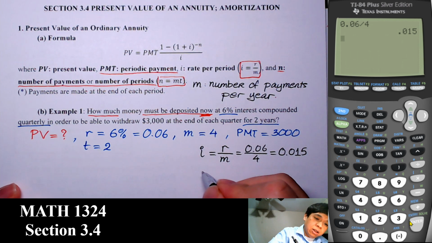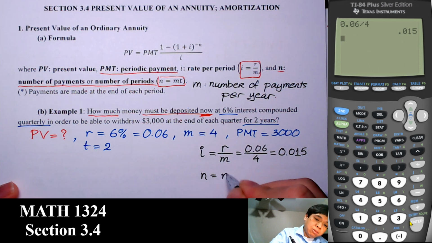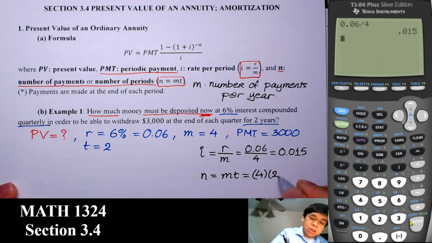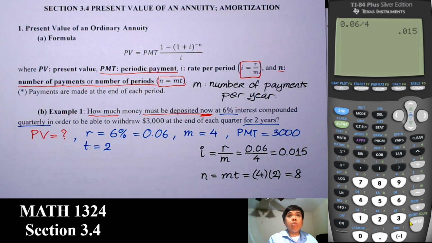And then N is the number of payments, MT. 4 times a year for 2 years, so it's 8.